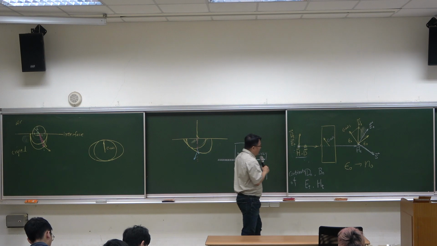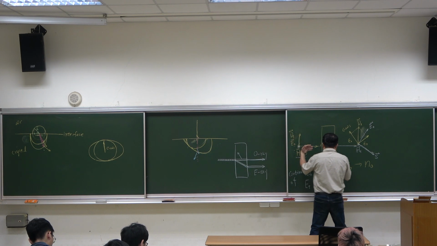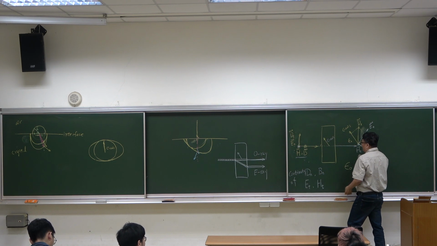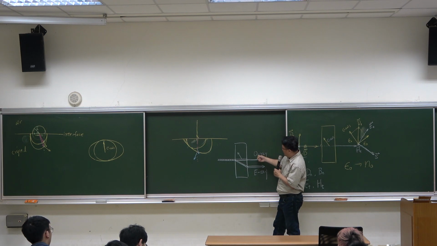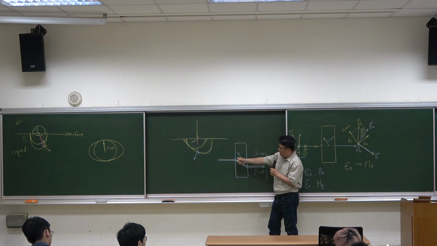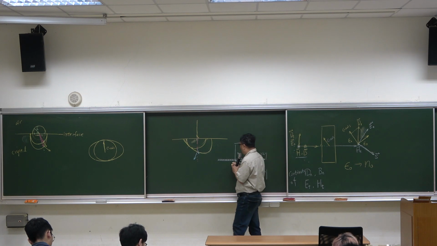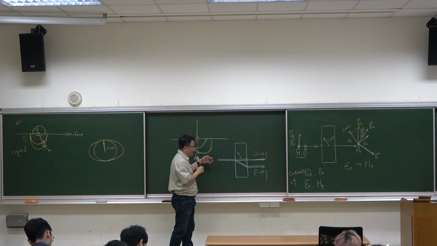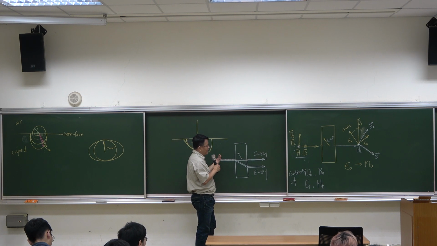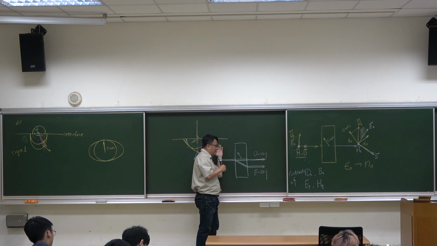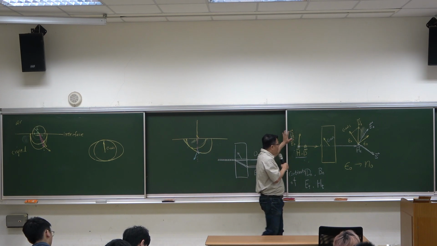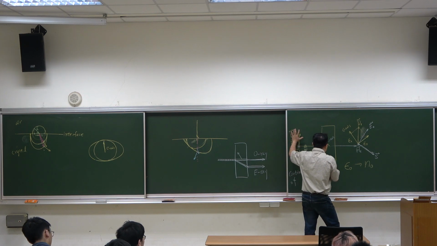For the polarization perpendicular to the black hole, they correspond to the so-called O ray. The O ray can penetrate through this block of crystal directly. And for those photons having polarization lying on this black hole, they correspond to the so-called D ray.